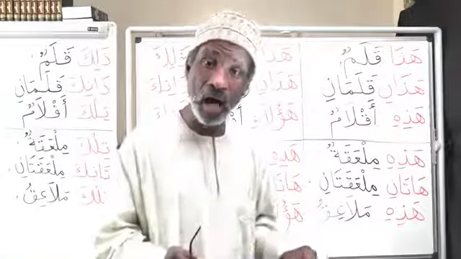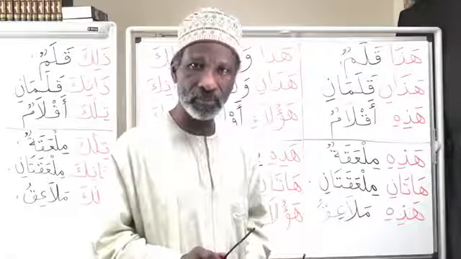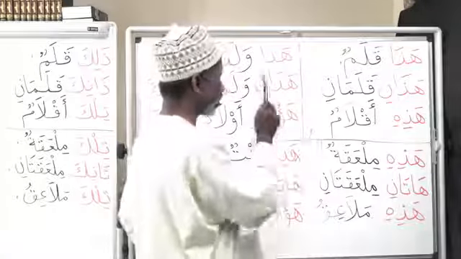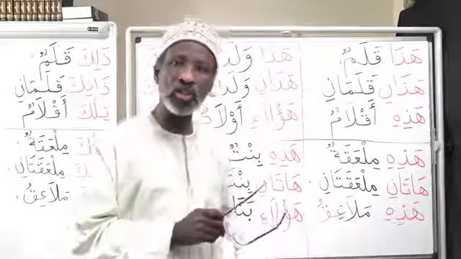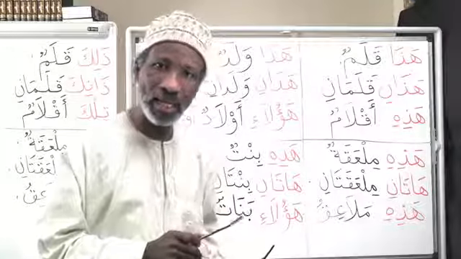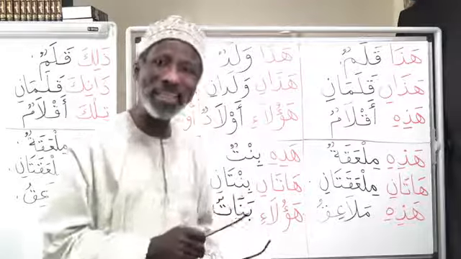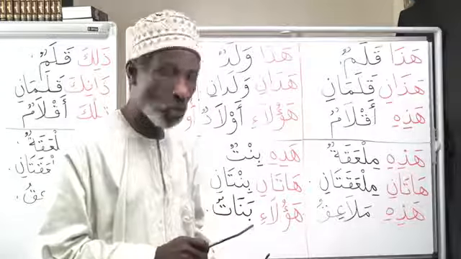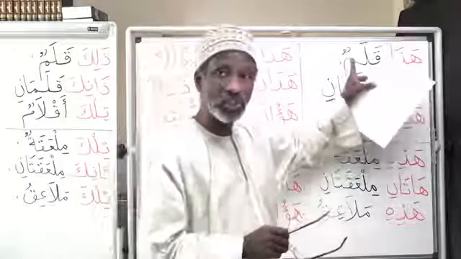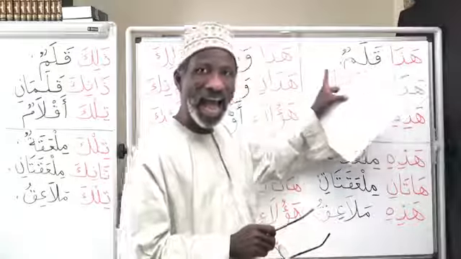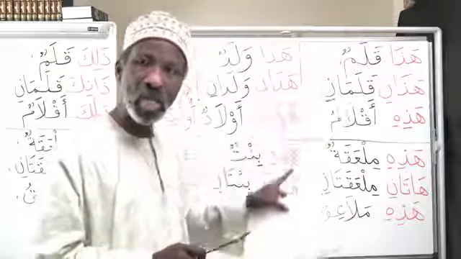These are two pens. If you are dealing with a human, you use the same demonstrative pronoun for singular. هذا ولد. This is a boy. So we're using هذا for a singular object and هذا for singular human.